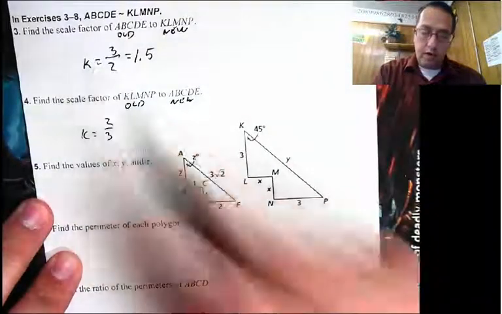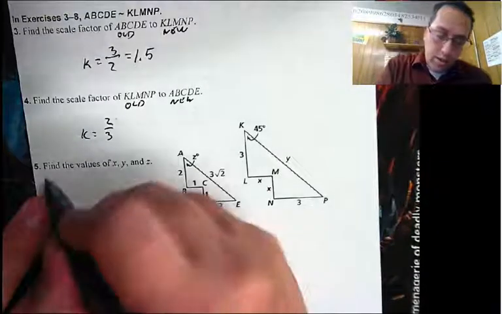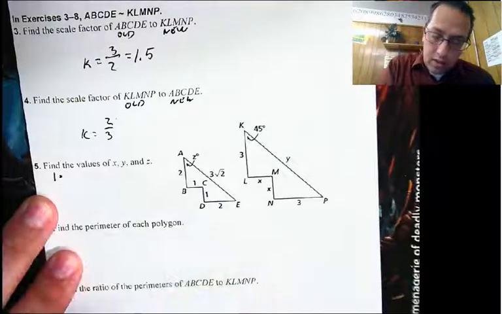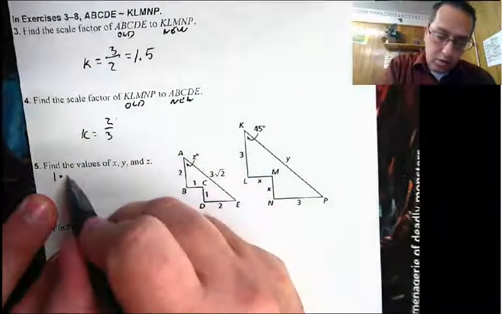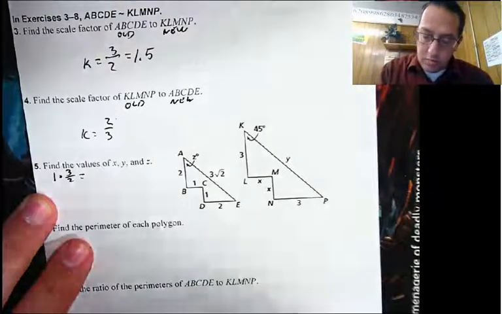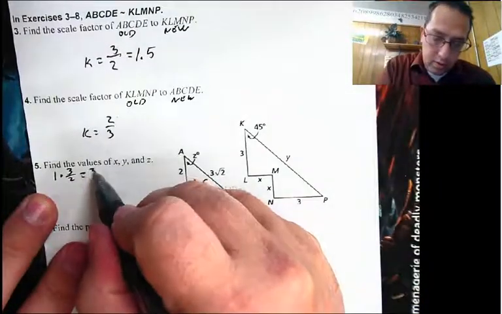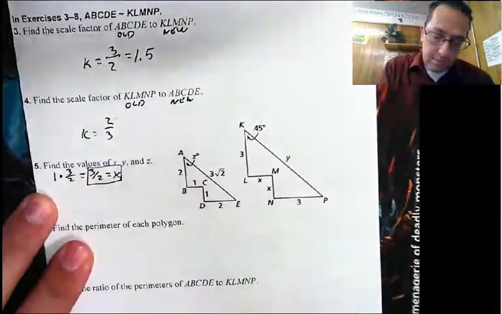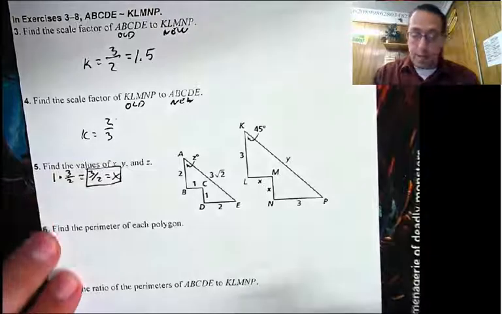So we're going to use our scale factor of 3/2. So we have 1 times my scale factor, 3/2, which equals, well, 3/2. I'm just multiplying by 1. So 3/2, and that is x. There it is. Not bad.